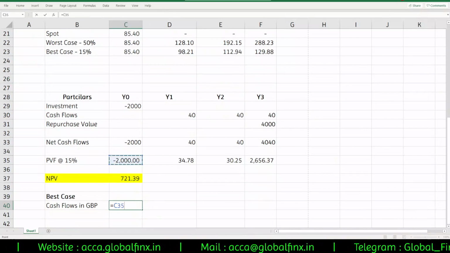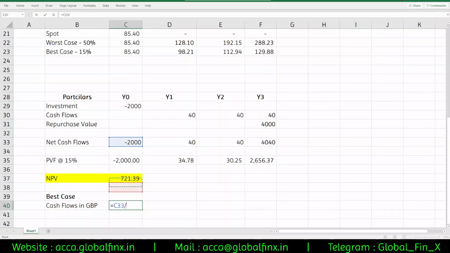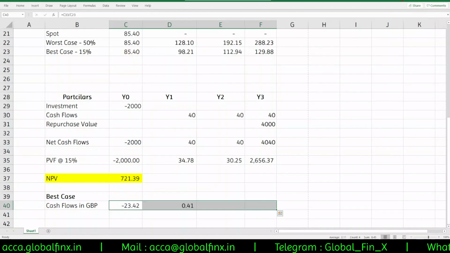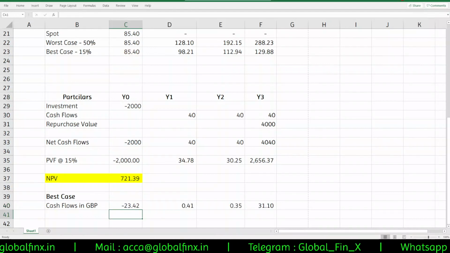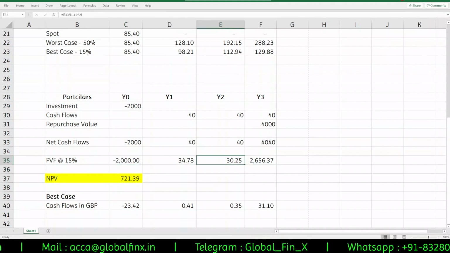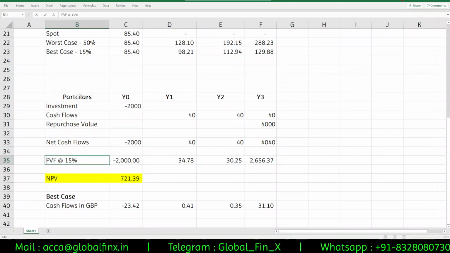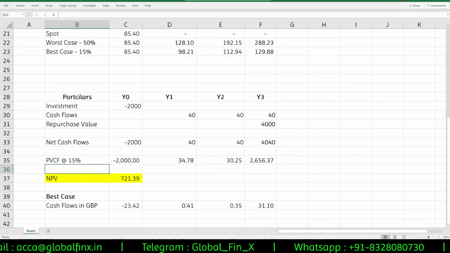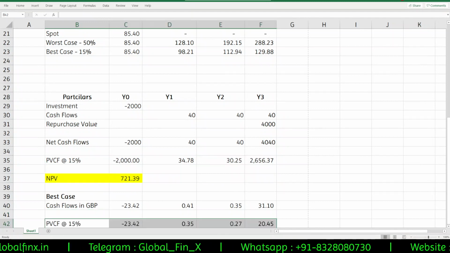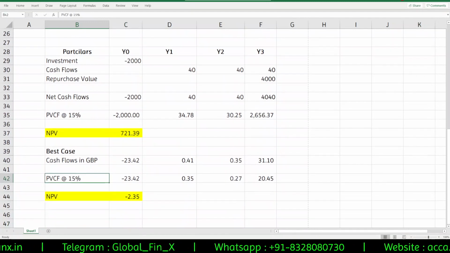So PVF, net cash flows would be divided by the best case rates, and I'm going to copy that to my right, and then copy this and paste it here. Let me check that.